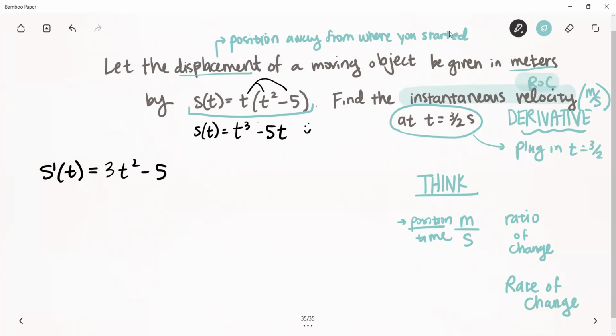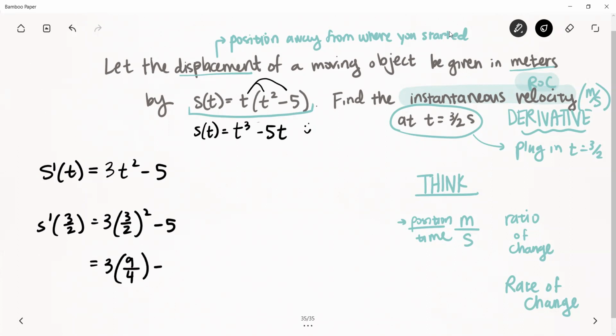So if I do that, I'm going to have s prime of 3 halves equals 3 times 3 halves squared minus 5, which is going to be 3 times, so 3 squared is 9, 2 squared is 4, minus 5, so that's 27/4 minus 5. And again, this is quick and easy to combine. It's going to be 27 minus 20 all over 4, which is 7/4.